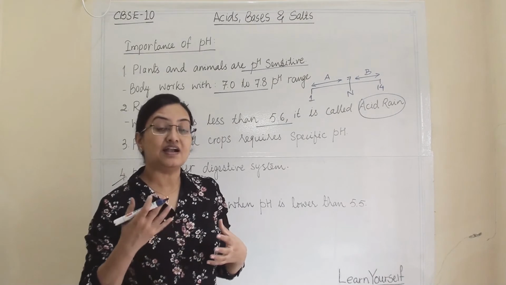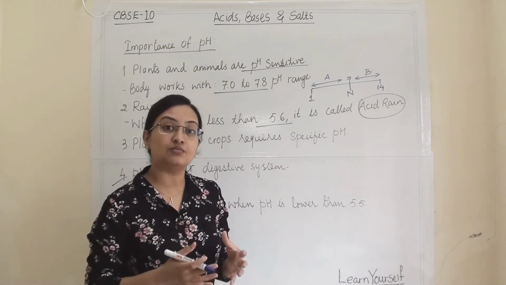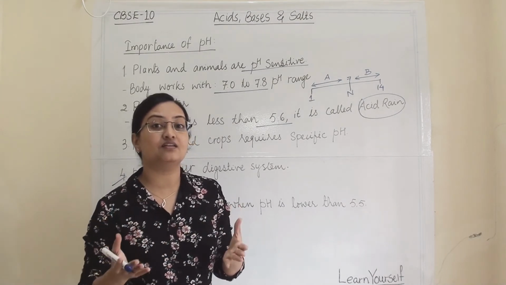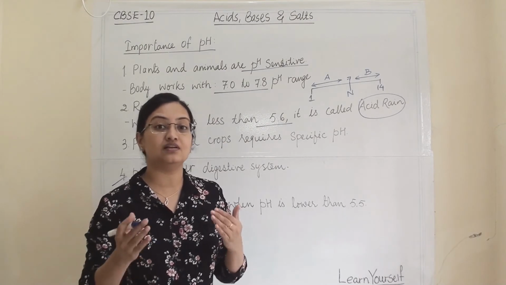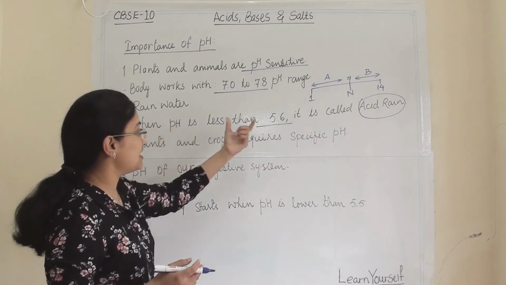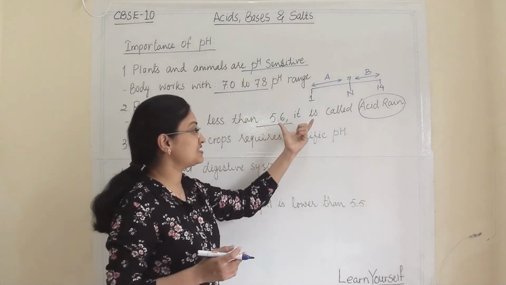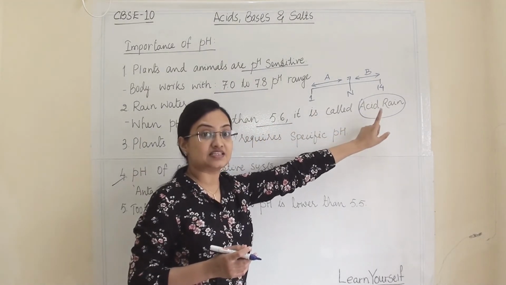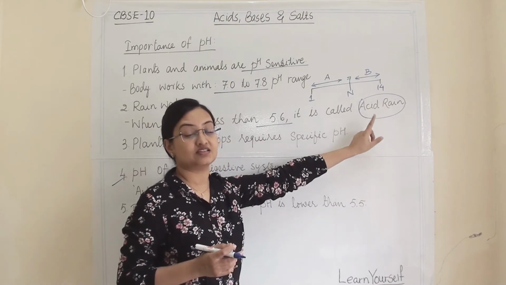It will adversely affect aquatic animals, and if we take drinking water from that, it will adversely affect humans also. So when the pH is less than 5.6, it is termed acid rain, and it has an adverse effect on our ecosystem.